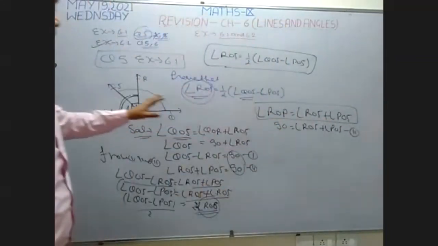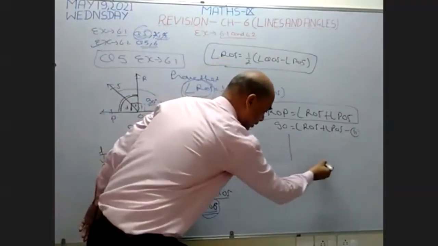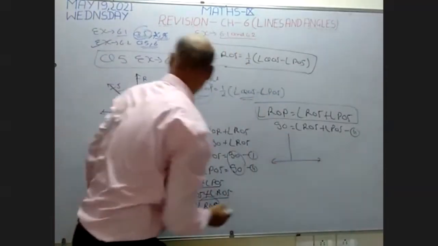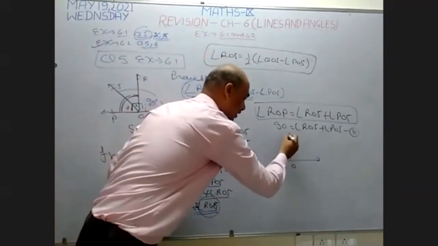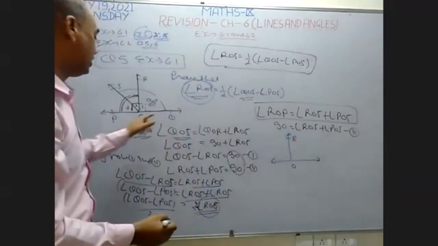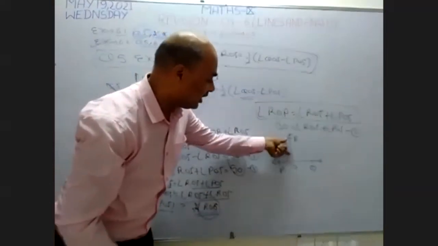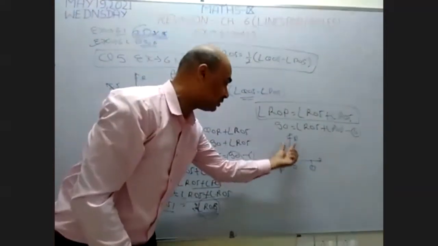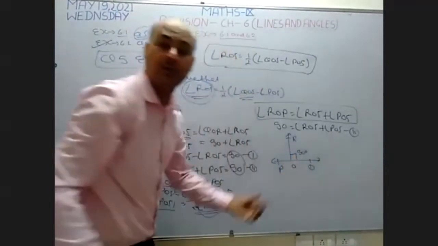Now see, what is given in the question? Check your figure, beta. In the figure, it is given that this OR line is perpendicular to PO. This OR ray is perpendicular to PO. When it is perpendicular, it means this makes a 90-degree angle. Okay, beta?